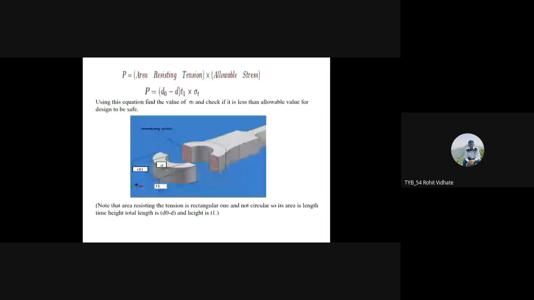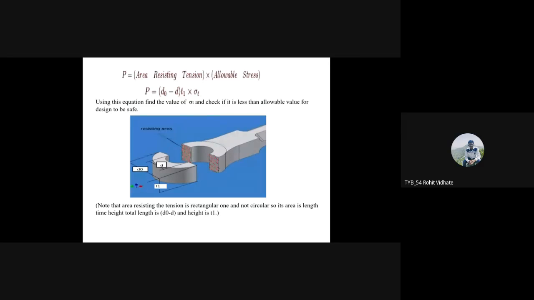Now here you can see that P, the convention we have used for the tensile load, is given by the resisting area for the tension multiplied by the allowable tensile stress, that is the design tensile stress, and that can be mathematically written as P is equal to. Now, while calculating the resisting area, which area are you going to consider?